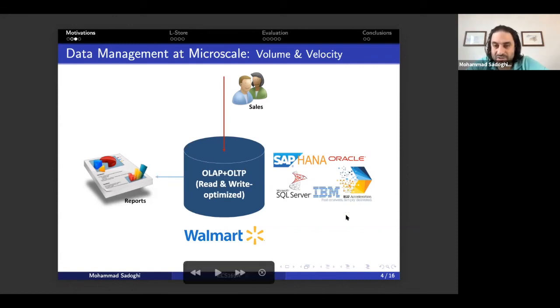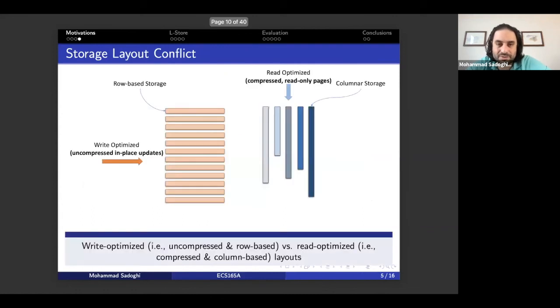Every major vendor, from IBM to Oracle to Microsoft to SAP, was racing to come up with a unified structure. How do I create this HTAP, hybrid transactional and analytical engine? That was the focus of my research back then, and the focus of this course and its previous offering.